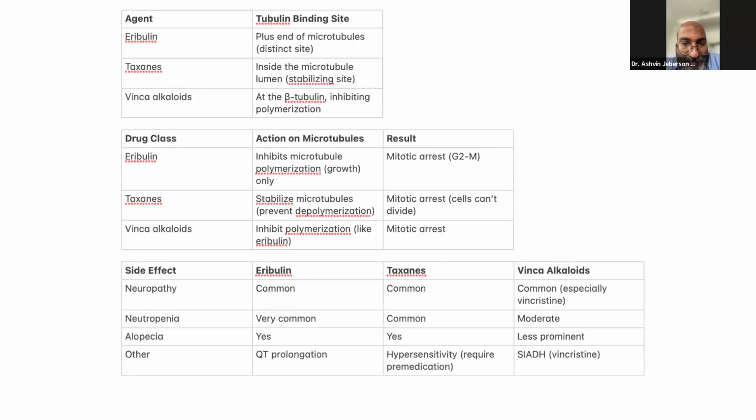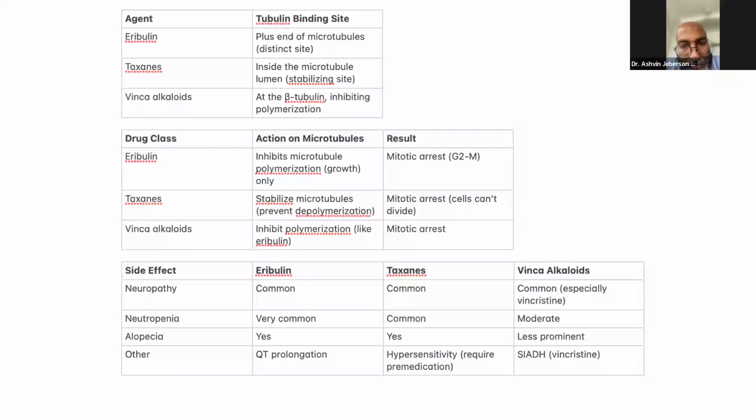So this is just a gist, the main thing to highlight the differences between eribulin, taxane, and vinca alkaloids. The same mechanism I've already explained, and also the side effects which you have to remember. Because they are all acting as microtubule inhibitors, their main side effect will be neuropathy.